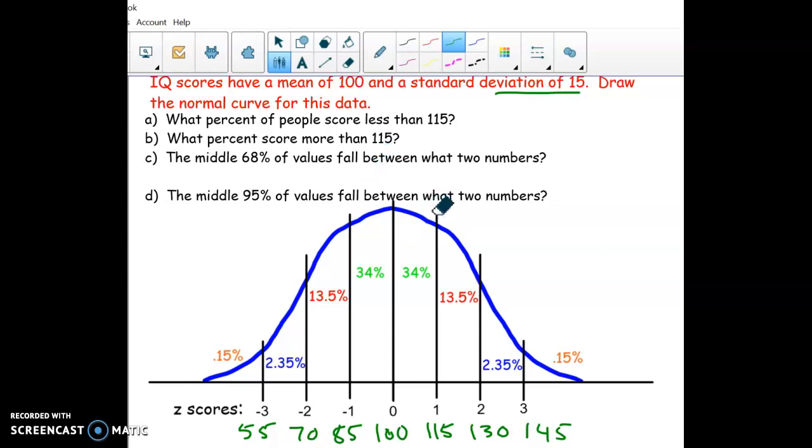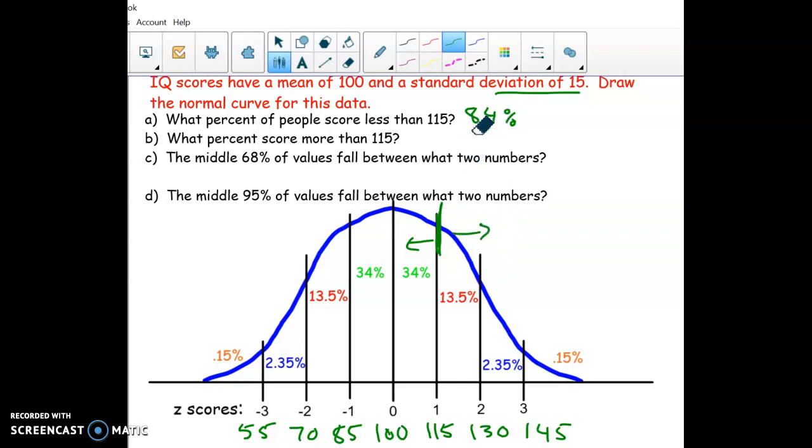Okay, so less than 115, this would be a percentile rank. So if I go to 115 and go less, again, I would add up all these chunks, but it'd be 50% plus the 34% would be 84. You could also add up these ones over here and then do 100 minus that chunk. That would be another way to do it. So more than 115, well, we kind of already have that.